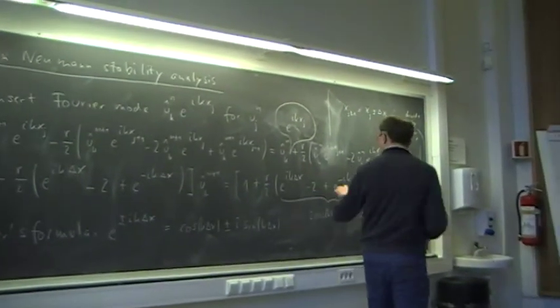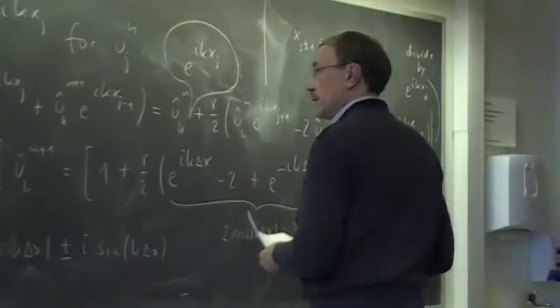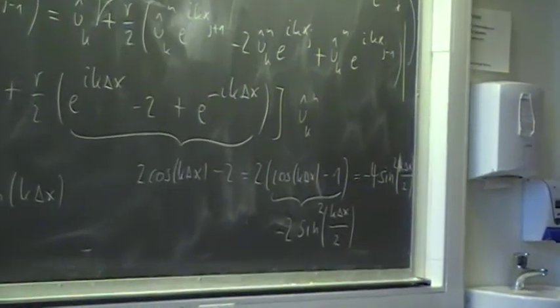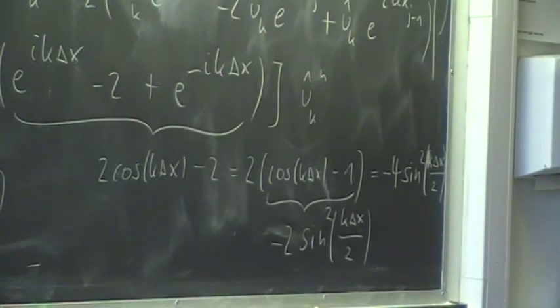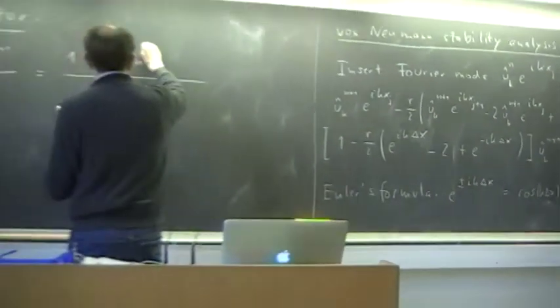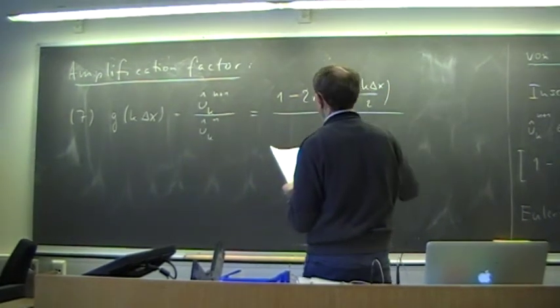What is in parentheses is minus 4 sine squared k delta x half multiplied by r half. So that gives us the minus 2r sine squared of k delta x half.